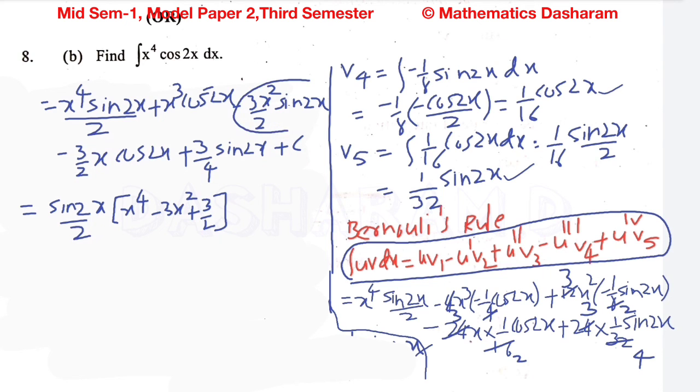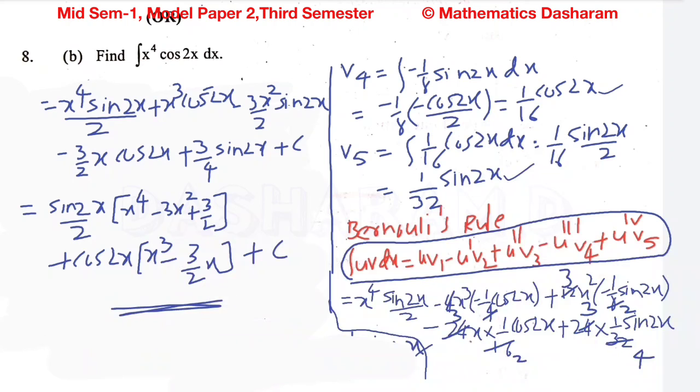Next, cos 2x is common, so plus cos 2x bracket of x cube minus 3 by 2 into x, plus c, is our required answer.